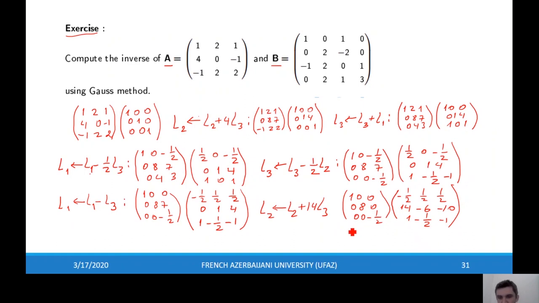As you see, we get this matrix with the diagonal elements 1, 8, minus 1 over 2. And here, to get the identity matrix, we apply the following operations.